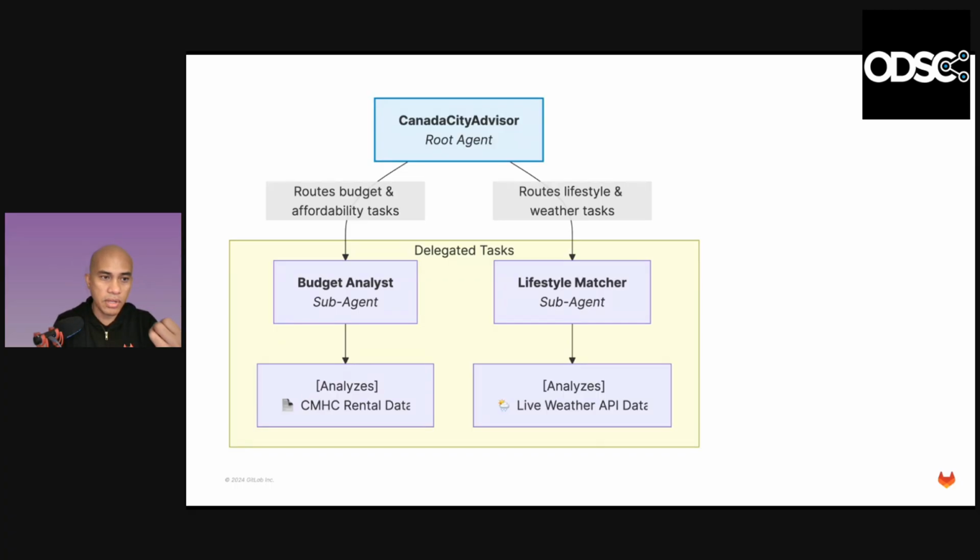One is a budget spreadsheet, a CSV file of cost of living for different Canadian cities, and the other tool is access to weather data via an API. From an architecture standpoint, I separated the budget analysis to a sub agent, and the lifestyle matcher to another agent. It's really weather and then money, right? Because it's Canada.